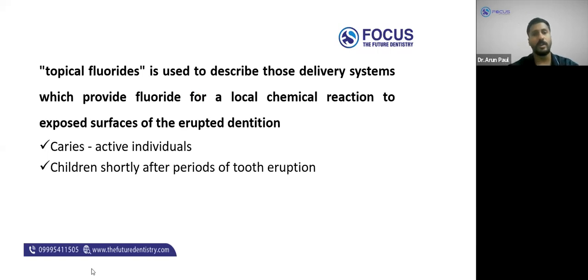So what are the indications of these topical fluorides, or when do you give them? The first is caries active individuals. When do you call an individual caries active? Usually we say that caries activity will be progressive or active in an individual if he has active lesions inside the oral cavity, including cavitated or deep lesions.